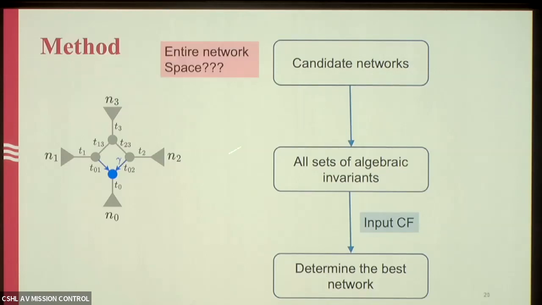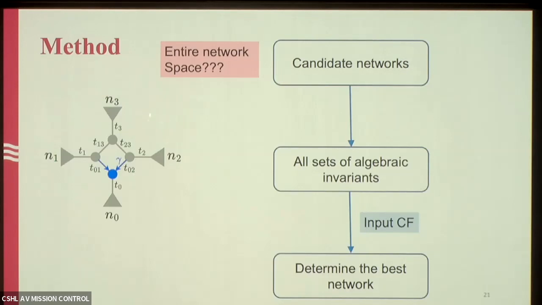Do we need to search the entire network space? It turns out that a paper has proven that for this type of diamond structure, we can identify all possible concordance factor polynomials if there are at most 2 taxa in each clade.